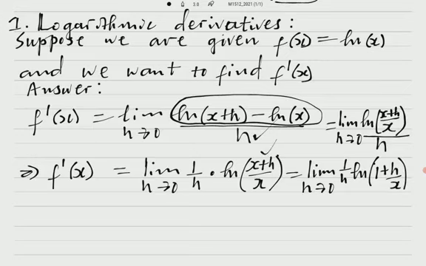Once you split the two fractions, the x will cancel, then you have 1 plus h over x. This is what we have for now.